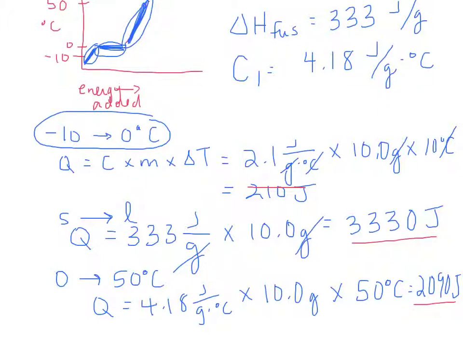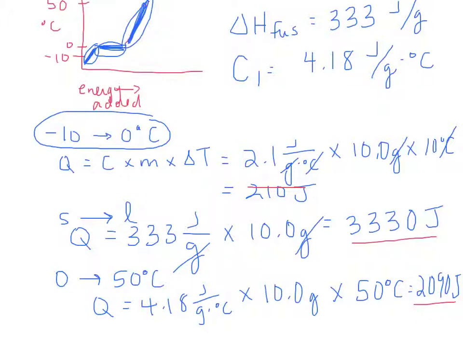So now we have three values: the energy required to change the ice from -10 to 0 degrees Celsius, the amount of energy required to melt the ice, and the amount of energy to increase the temperature of the water from 0 to 50.